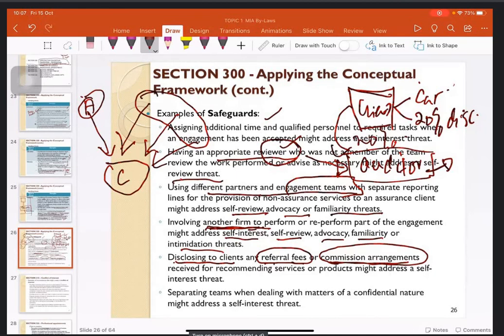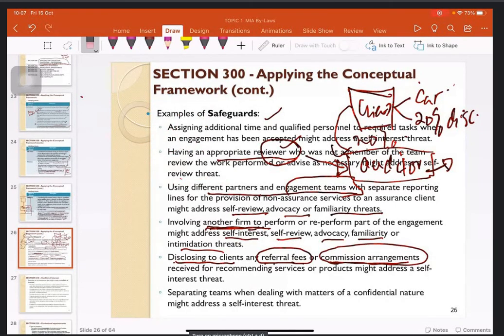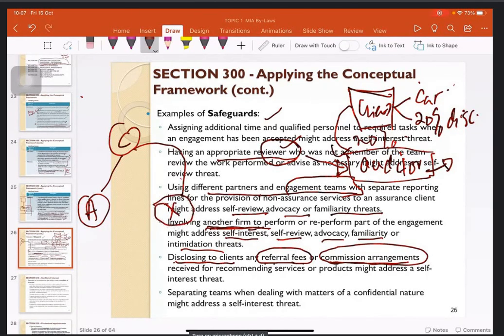Katakanlah bahawa here client C, client approach you auditor, okay, to audit the company, tetapi you tak boleh audit because you do not have enough staff. So you refer client ni kepada your friend, let's say X ya, to audit C. Okay. Kemudian X audit C lah.